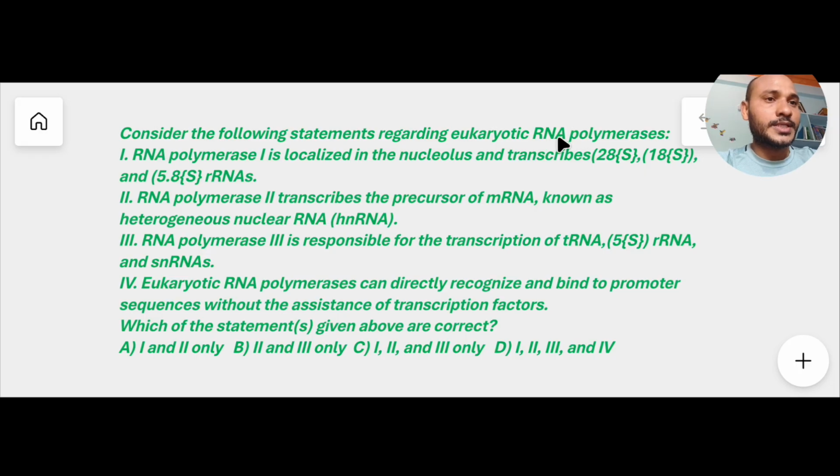Whether it is RNA or DNA, first we have to identify that, and whether it is asking about eukaryotic or prokaryotic. Here also there are 4 options given. Which of the statements given above are correct? So this is all about the MCQs from this polymerase enzyme topic.